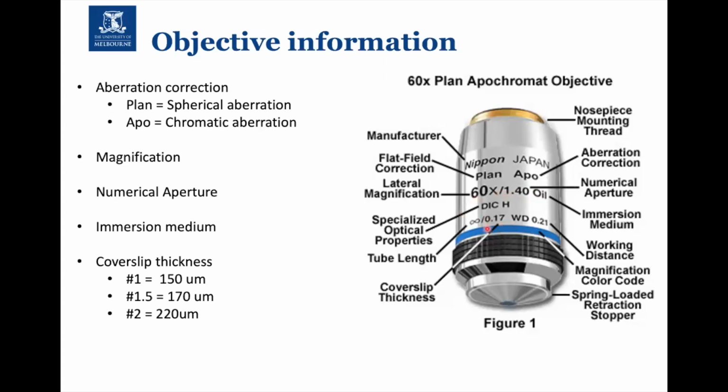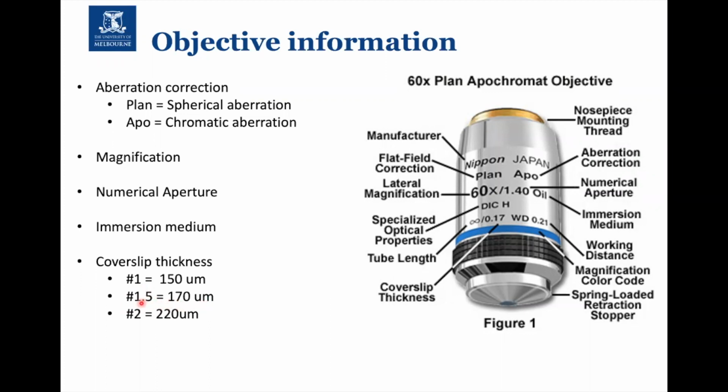Next thing down here that's really important is our cover slip thickness. So 0.17 corresponds to 170 microns. That's a number 1.5 cover slip. So you will find that most of the lenses within a modern day facility will be expecting a cover slip thickness of 170 microns, or this number 1.5 cover slip.